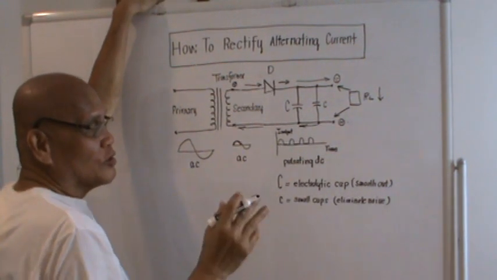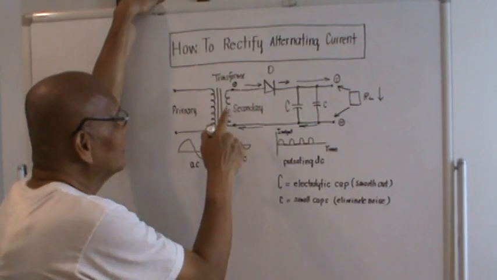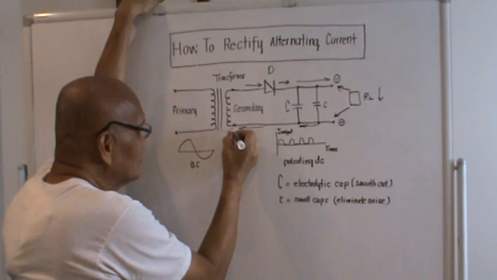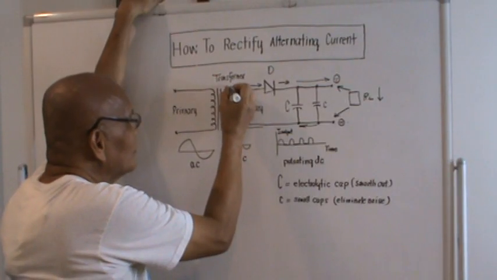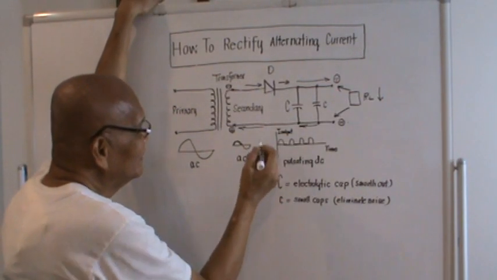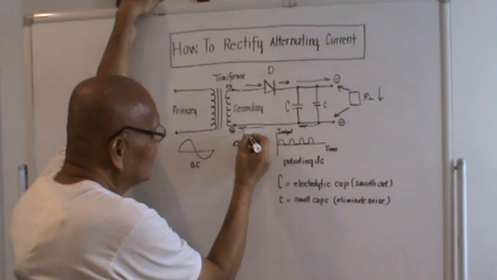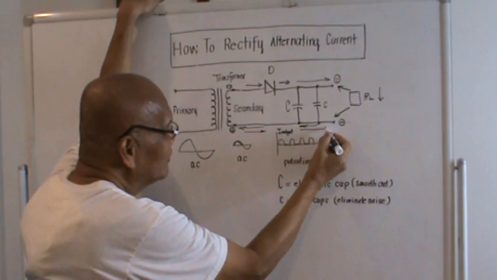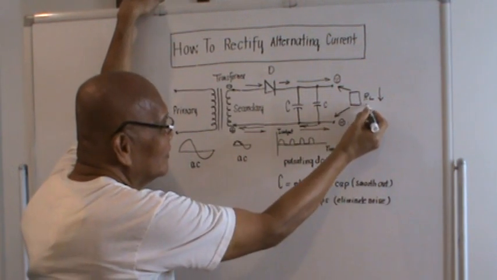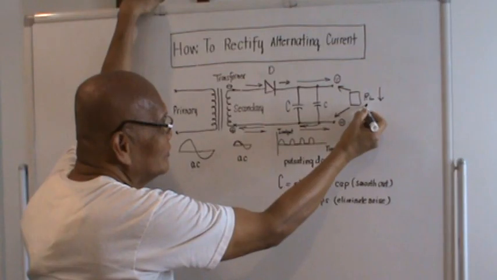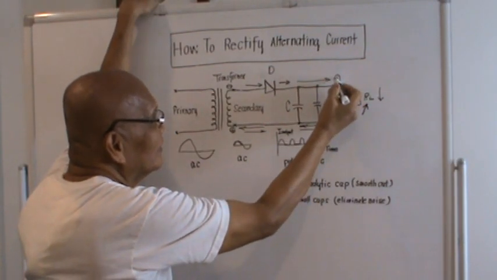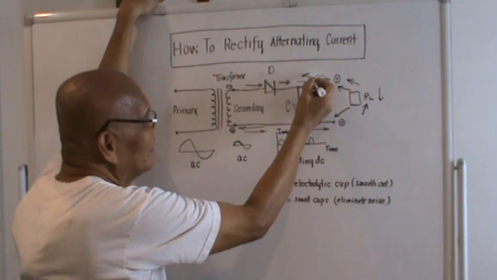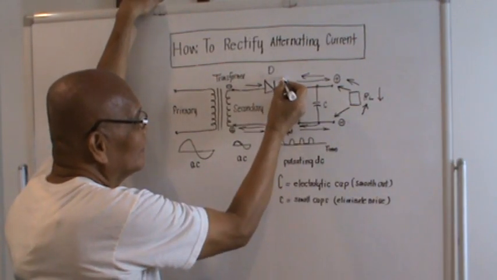Okay? So when the current reverses direction, when this is now plus and this will be minus, current will go pass here, it will pass through the load, it will pass through the positive terminal, go back here.